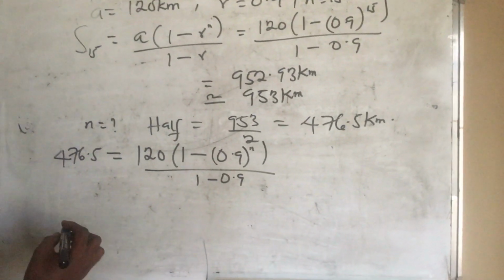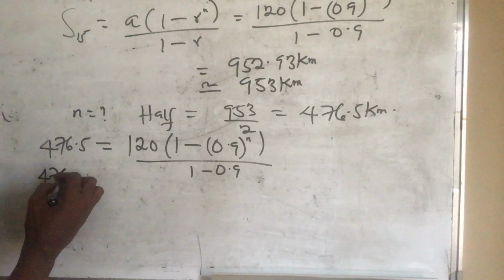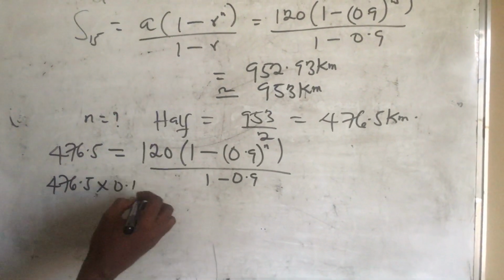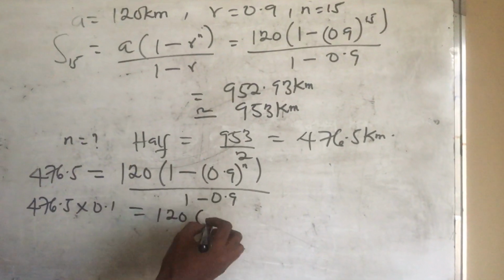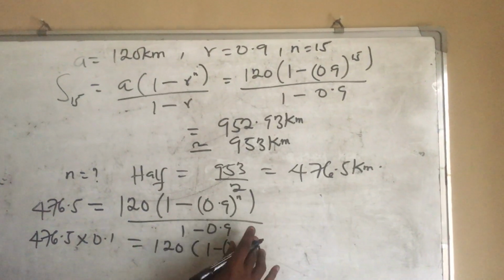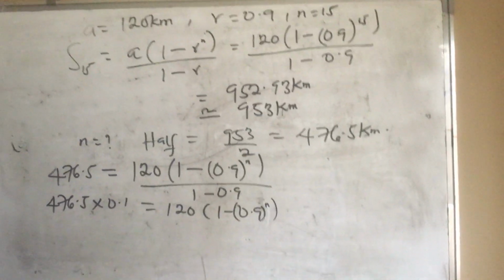If you cross multiply here, we have 476.5 times 0.1 equals 120 into bracket 1 minus 0.9 all raised to power n.